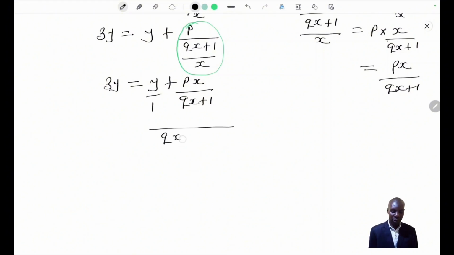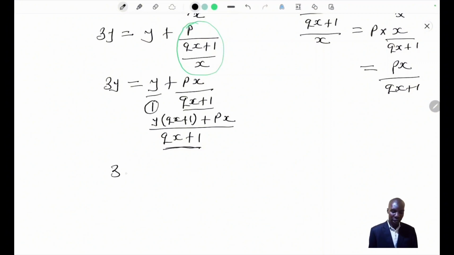The LCM will be qx plus 1. So qx plus 1 multiplied by y, we'll now have y in bracket qx plus 1. Then 1 times px will give px.